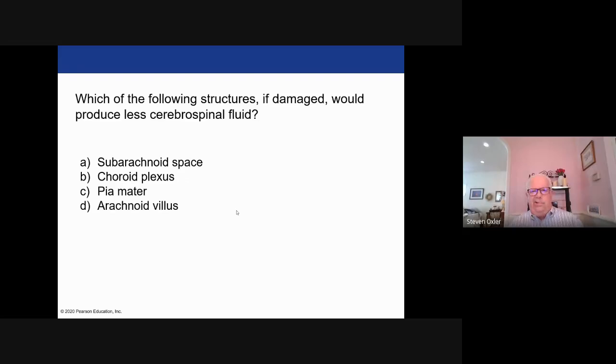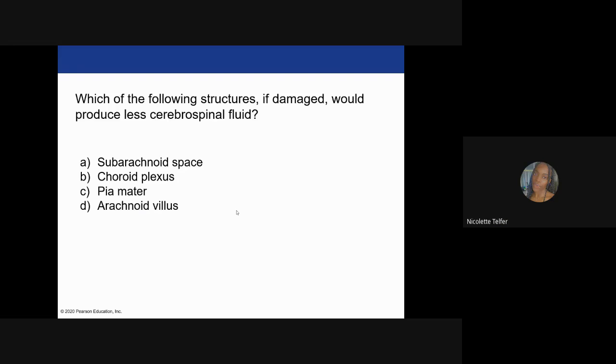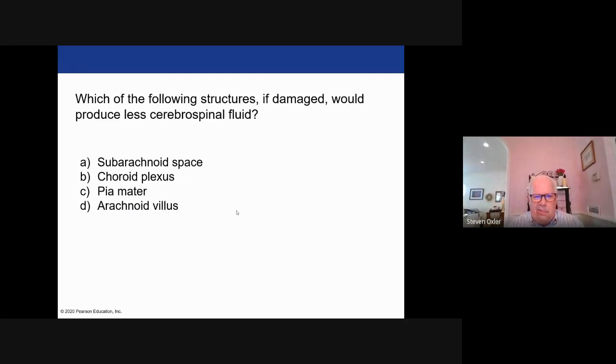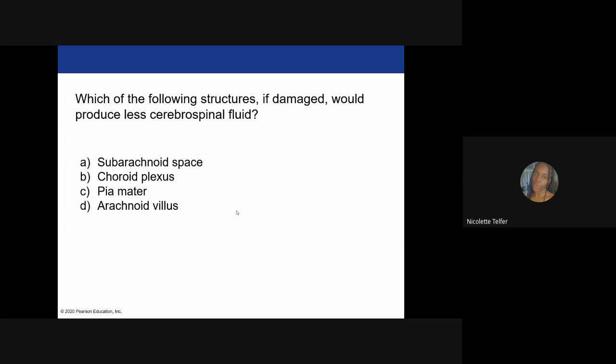Which of the following structures, if damaged, would produce less cerebral spinal fluid? What they're asking you is, what makes cerebral spinal fluid? Is it B? Is it C?